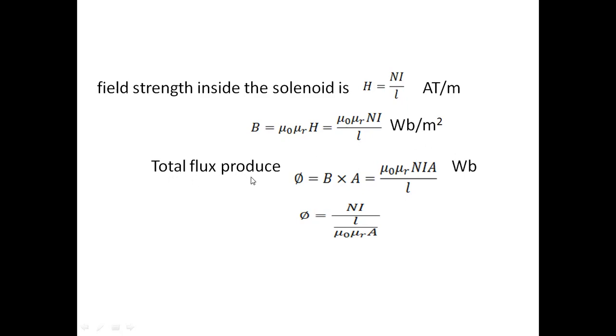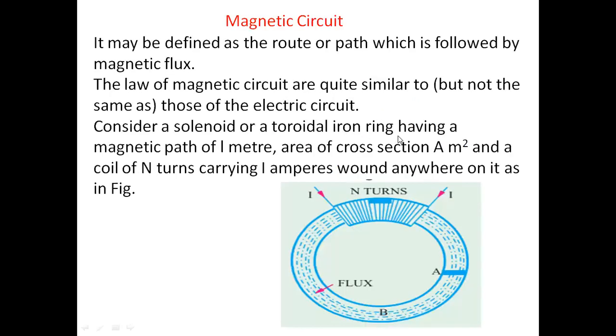The total flux produced, phi, is equals to B into A, where B is the flux density and A is the cross sectional area of this toroidal ring.